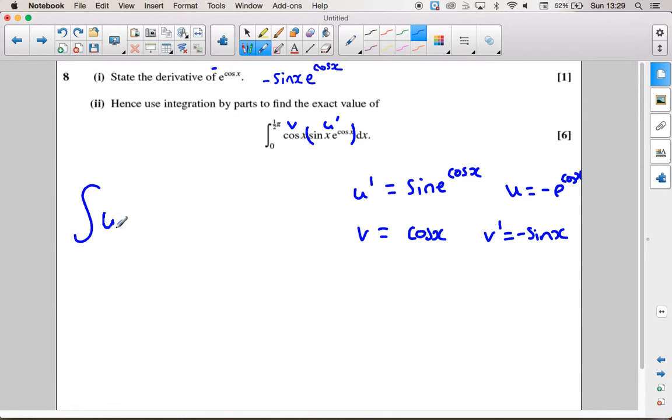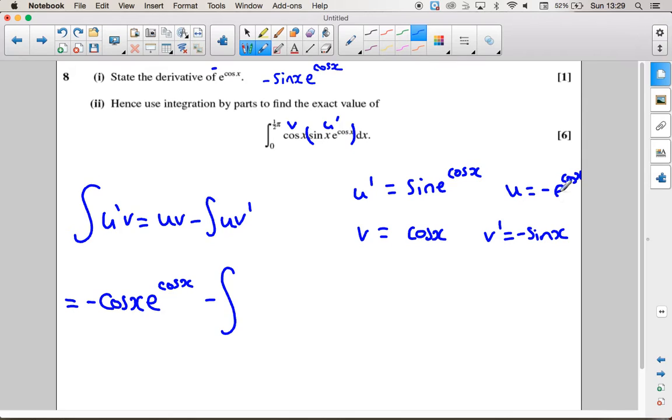Well, let's just write down what the product rule is first of all. It's uv minus the integral of uv dash. So we are going to get uv, so that's minus cos x e to the cos x, minus the integral of uv dash.